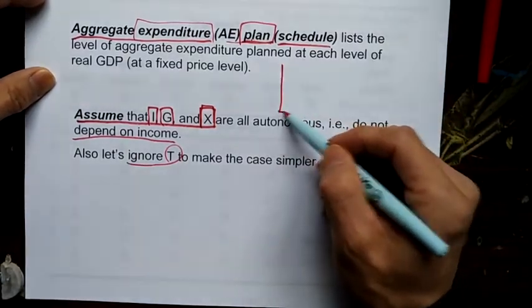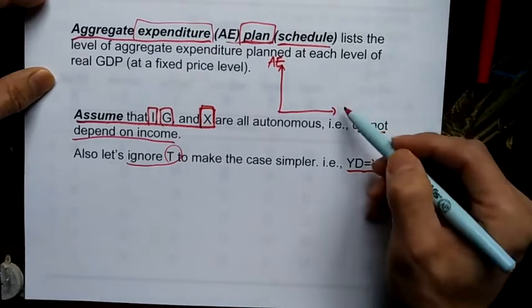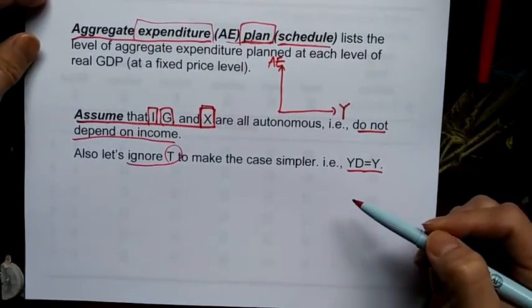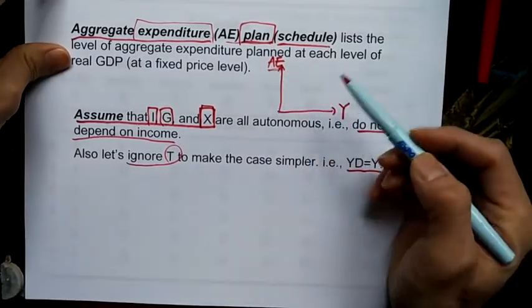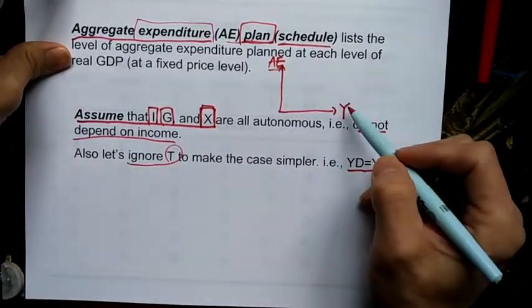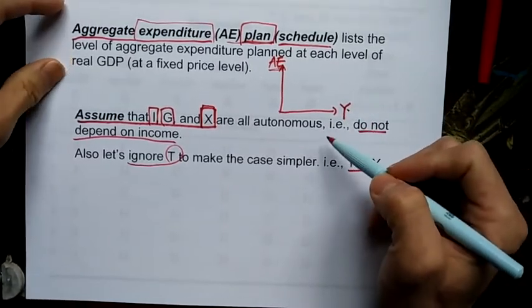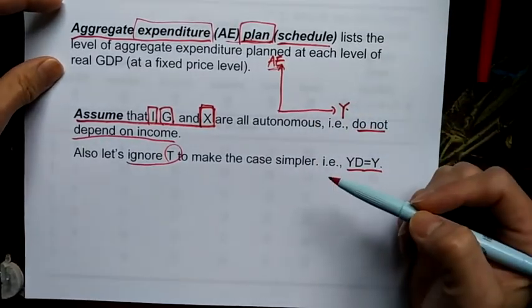So aggregate expenditure is a plan which depends on the aggregate income. This is what we want to do. We want to draw an aggregate expenditure function which is a function of the aggregate income in the economy. And then in equilibrium, they should be equal.